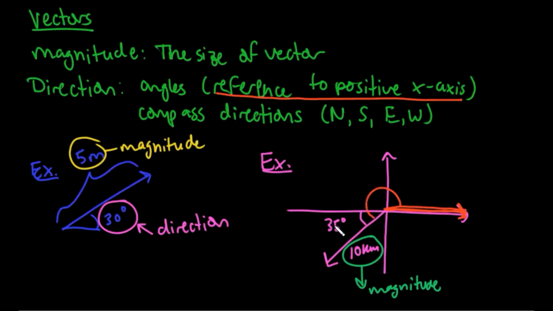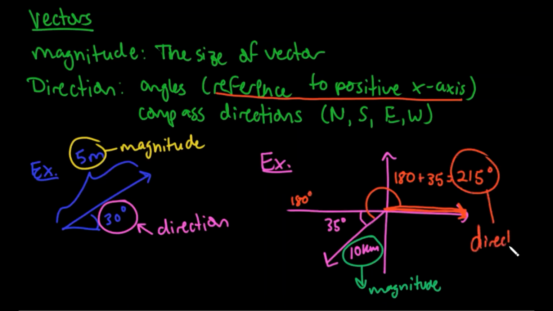So our direction is not going to be 35. It's going to be 180, because this line here is 180 degrees. It's going to be 180 plus 35, which will give me a direction of 215 degrees. So this is my direction.